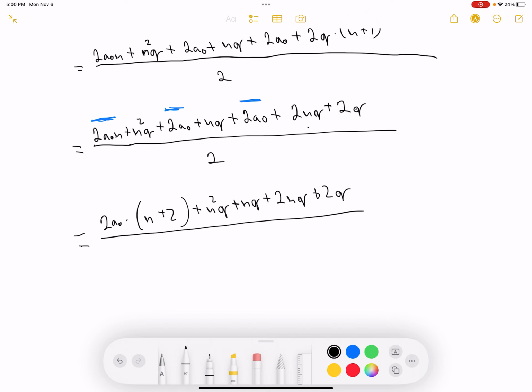What would be nice is if we could get this term everywhere, if we could factor it out into the same term.